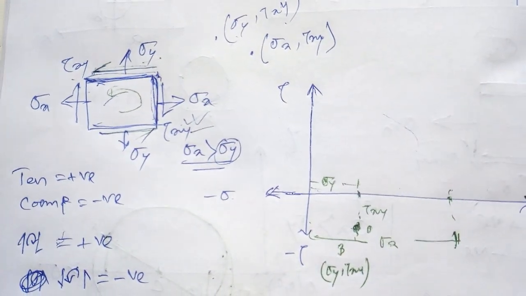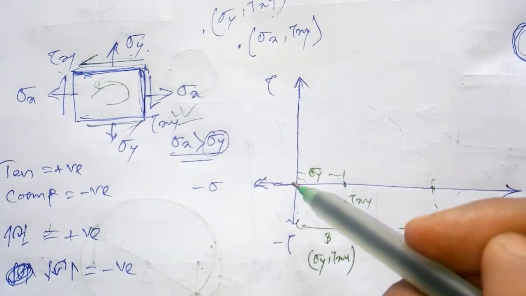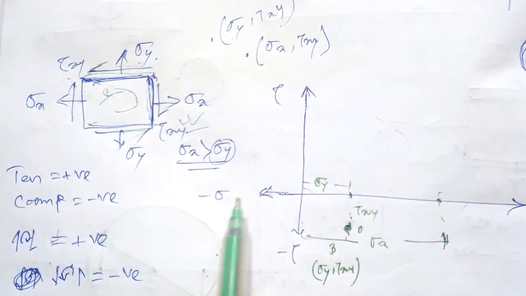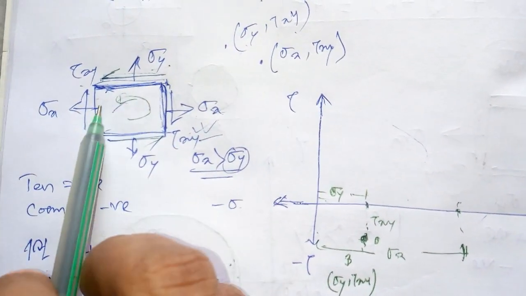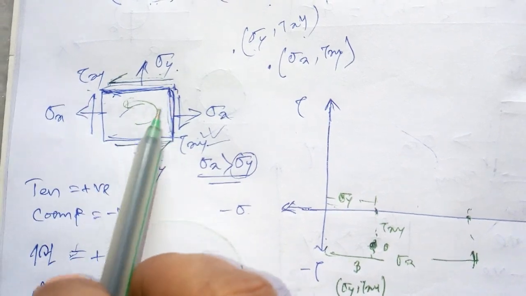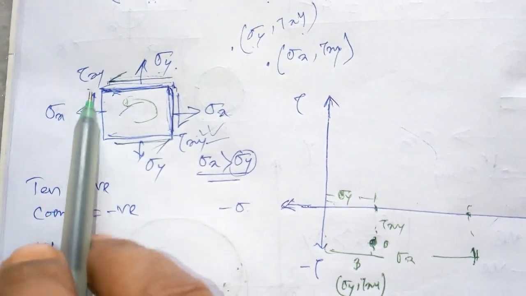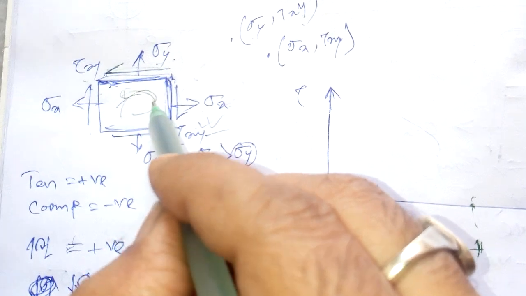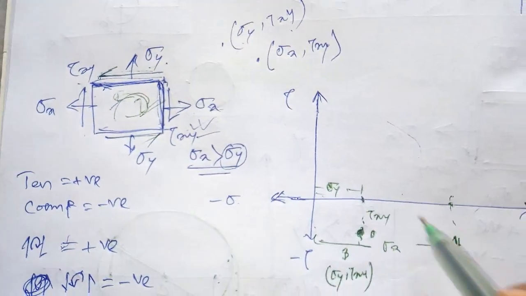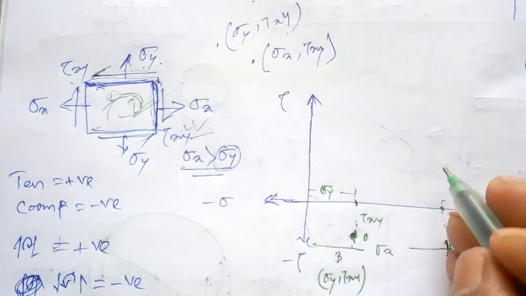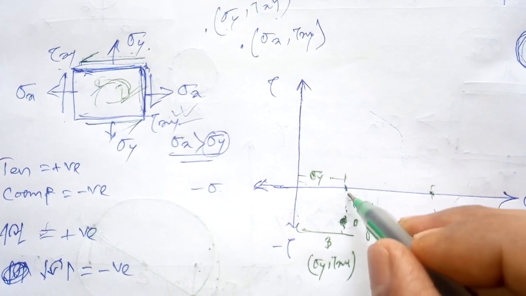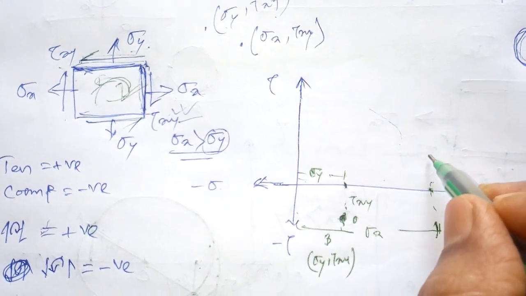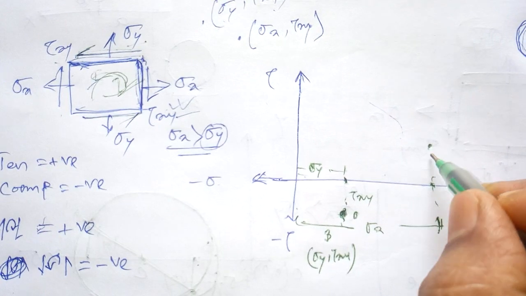If one of them was compression, then we would have to take it in the negative side, that is minus sigma. For tau xy in our vertical section, we can see this is the direction, this is the direction, that means this is rotating the body in clockwise direction, so this will be positive. So we have to take the same tau xy amount, but in the positive direction, right?